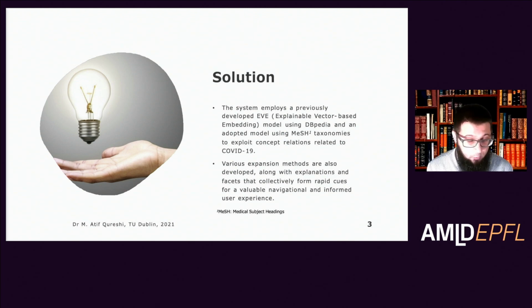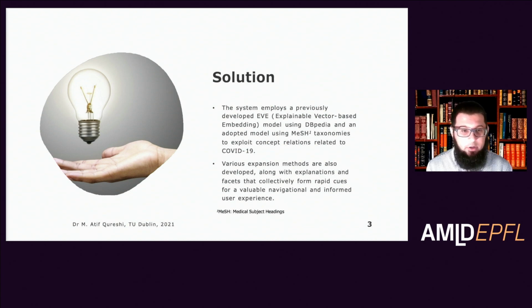So we had previously developed a technique called EVE, which is an explainable vector-based embedding technique that utilizes DBpedia. The component of it being explainable was something that we were looking for while developing this system. If we can explain the results in explainable ways, that could be really useful for a search system.